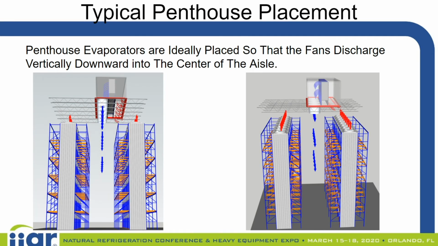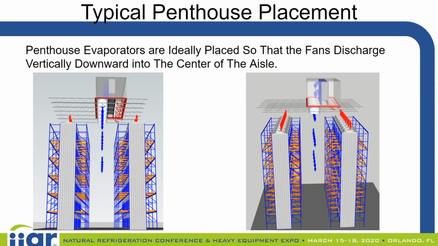Now let's locate that penthouse evaporator, and the ideal placement provides for a vertical down airflow arrangement from the penthouse. So we have all of these air inlets in this array of in-rack freezing, and then we have the air outlet, or the discharge air from the in-rack freezing, vertical up toward the deck.